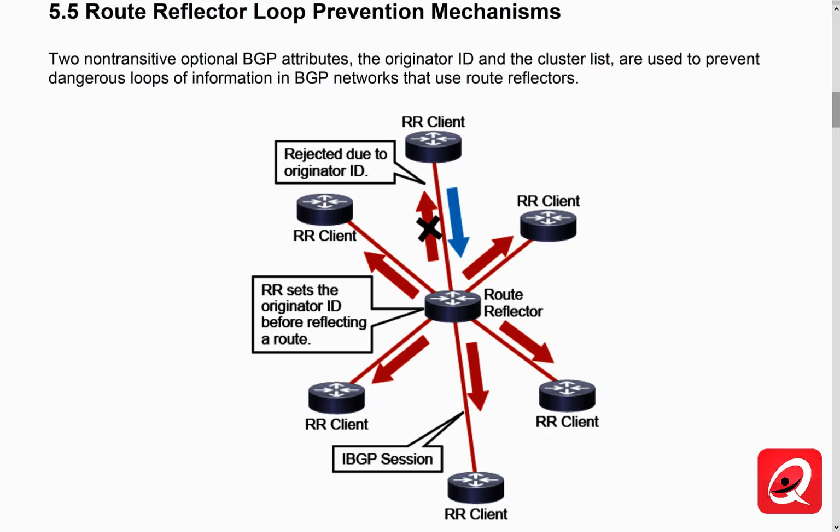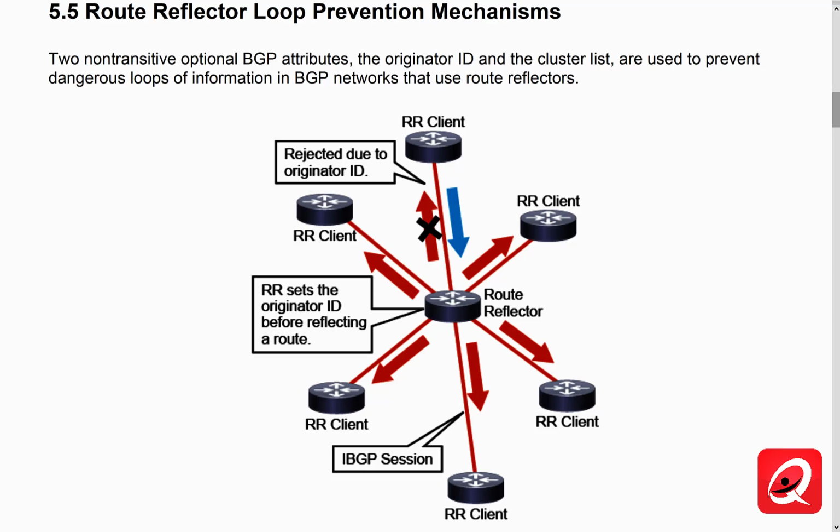The BGP path selection procedure gets modified to also take into account cluster list and originator ID. And like I said, the cluster list is going to be used primarily almost like an AS path attribute, meaning that we're going to select the path with the shortest cluster list and so on.